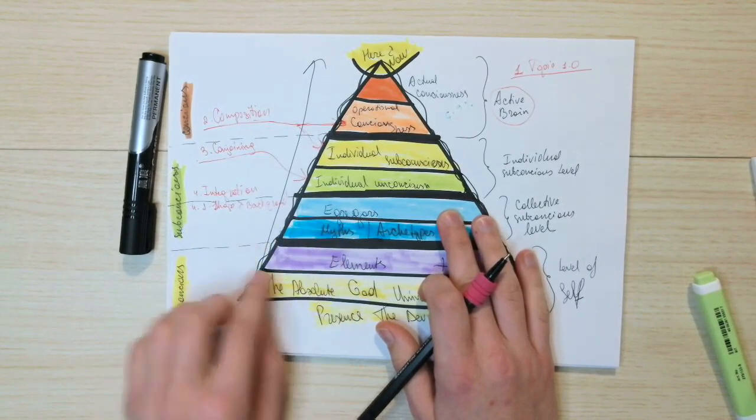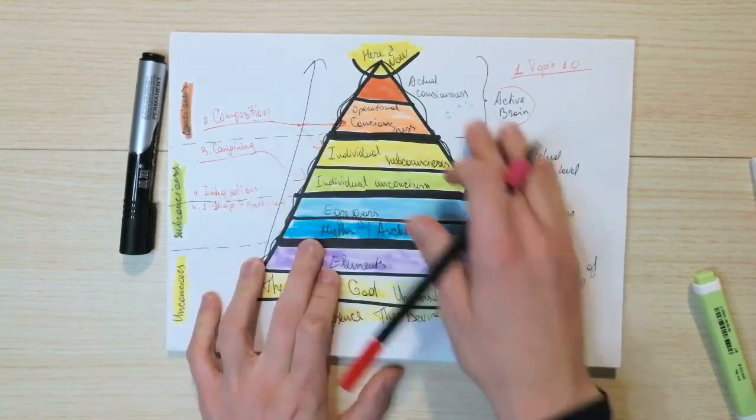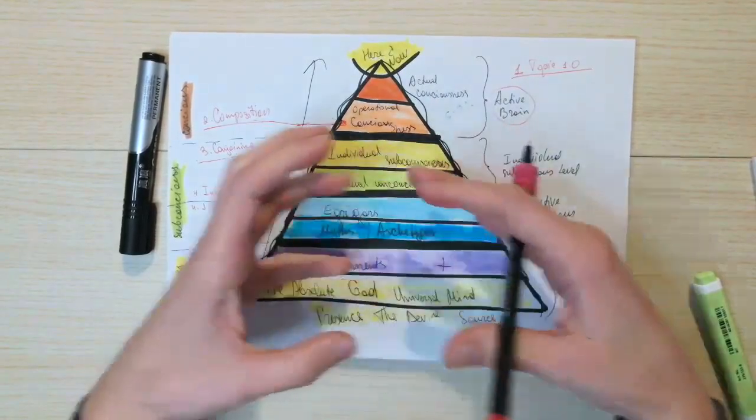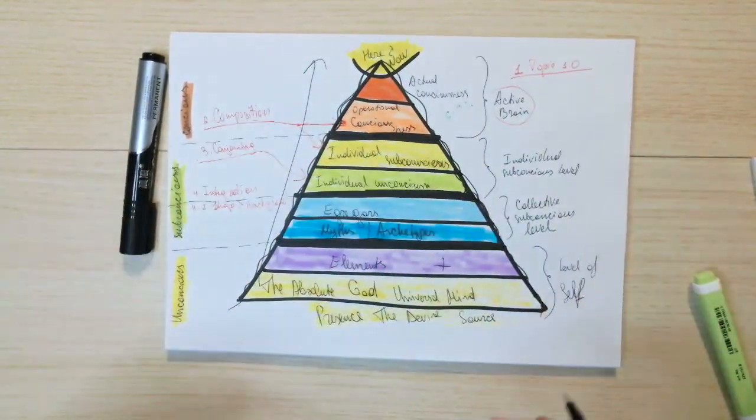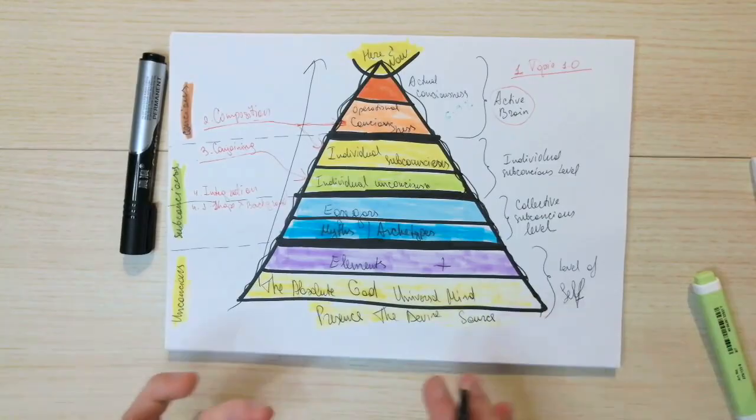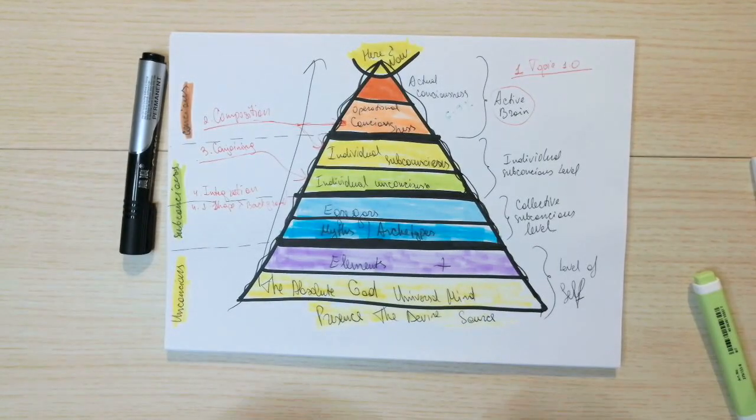And after we created our composition, we start integrating it with what is happening in our surrounding world. We do not live in a vacuum. We are always interacting with one thing or the other.